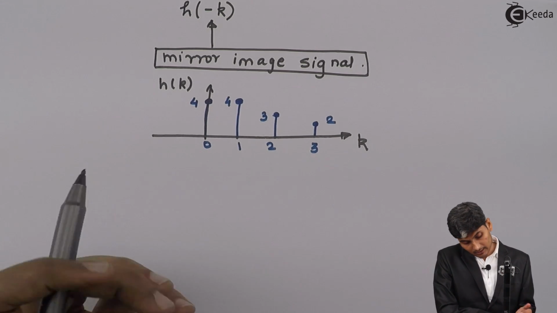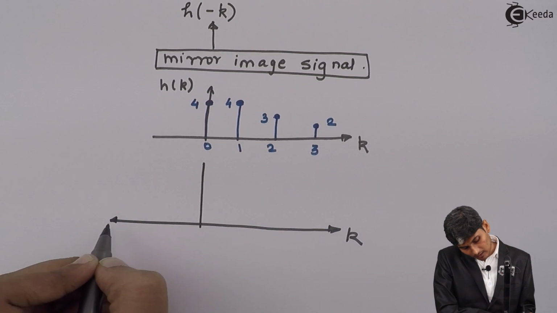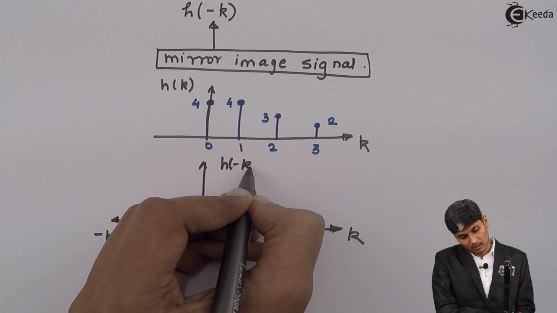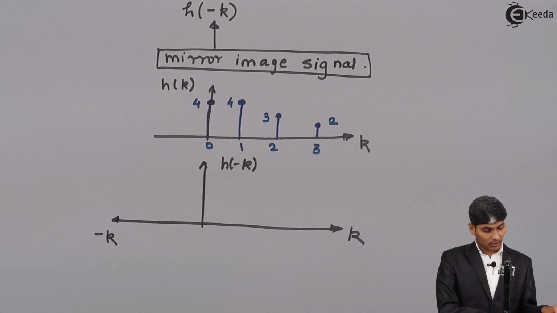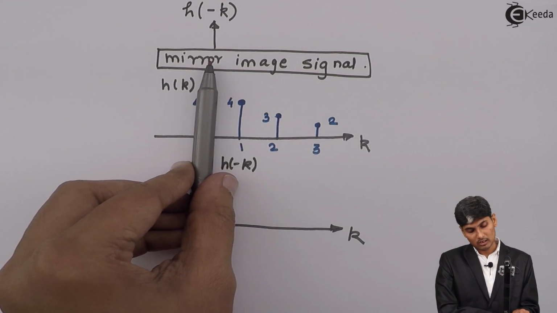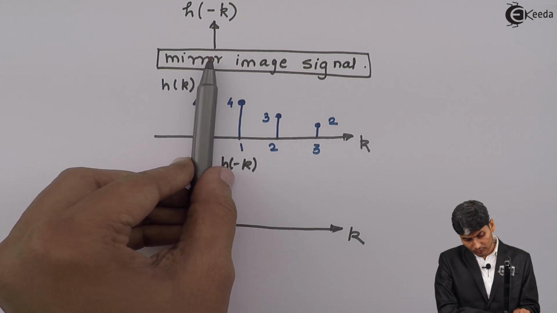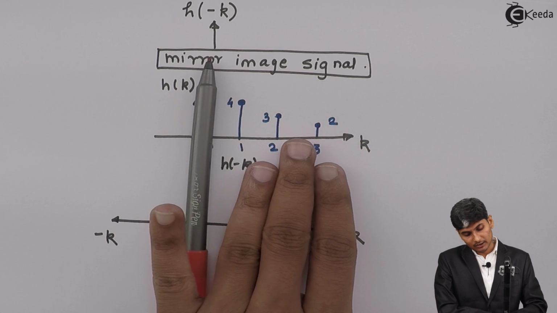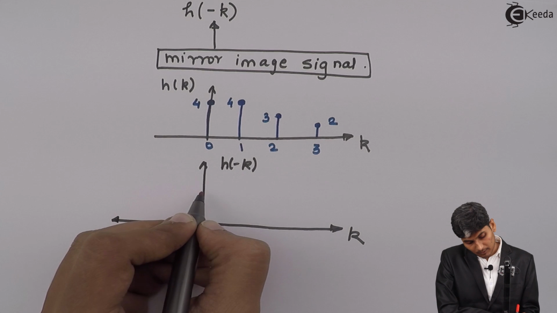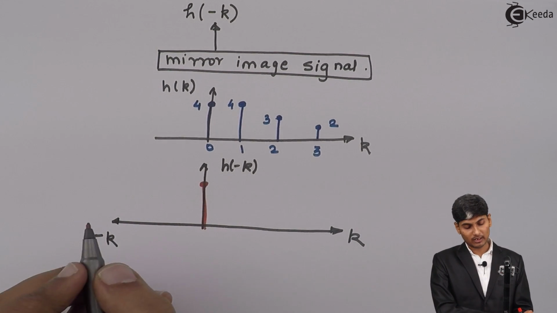For mirroring this signal, I am drawing a signal called h of minus k. So, if I wanted to mirror this signal, what I will do is, I will keep a mirror on n is equal to 0 point. When I keep a mirror on n is equal to 0 point, and then shifting all of these samples on the other side, I will put sample number 4 on its place, because at n is equal to 0 I do not have to shift.